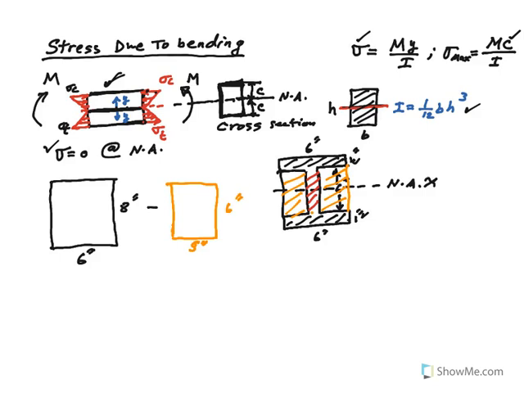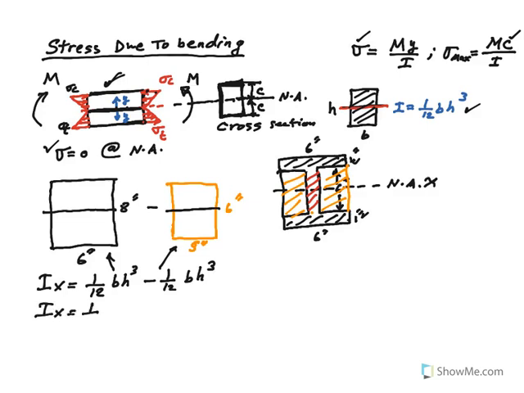And look, the neutral axis actually is right on the middle and matches for the two. So we can say, oh, I sub x then is 1/12 BH cube for this guy minus 1/12 BH cube of this guy, because we're subtracting, right? So why don't we factor the 1/12?